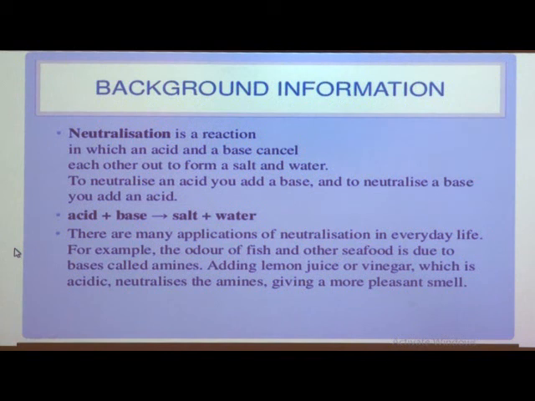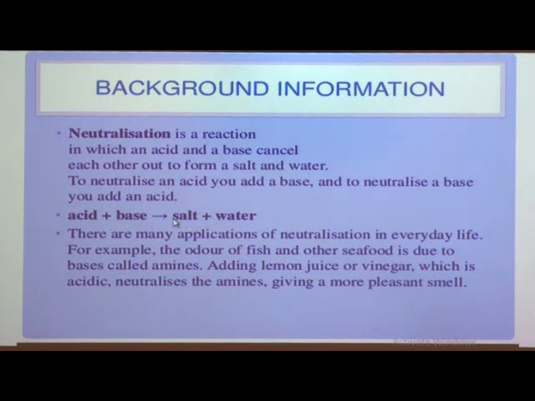To neutralize an acid, you add a base. Whenever you want to neutralize an acid, you have to add a base, in a particular quantity. And whenever you want to neutralize a base, you have to add an acid.